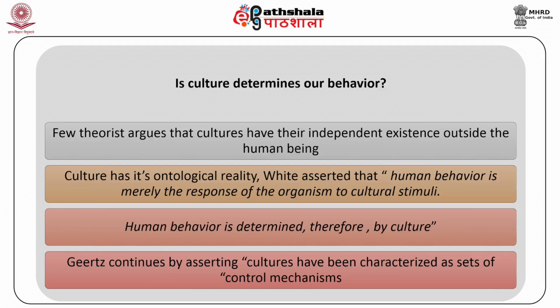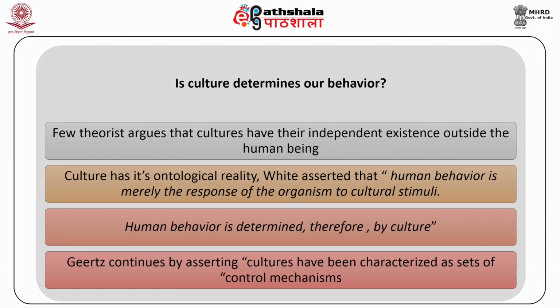Does culture determine our behavior? There has been a long debate over whether culture really exists or not. A few theorists argue that cultures have their independent existence outside the human being. Since culture has its ontological reality, White, 1948, asserted that human behavior is merely the response of the organism to cultural stimuli.